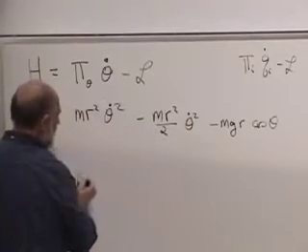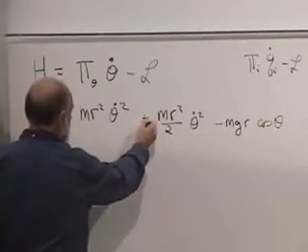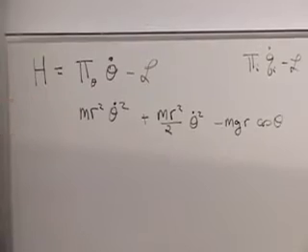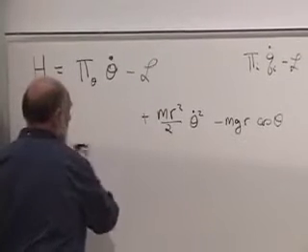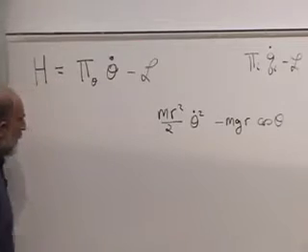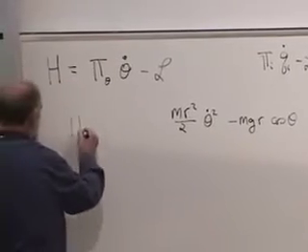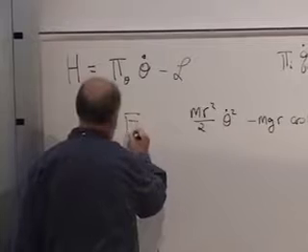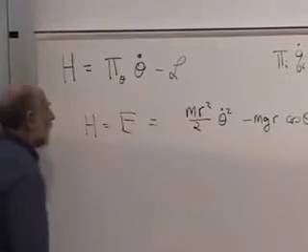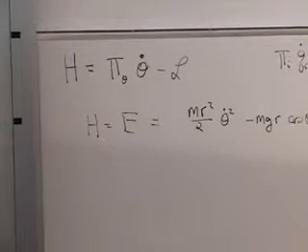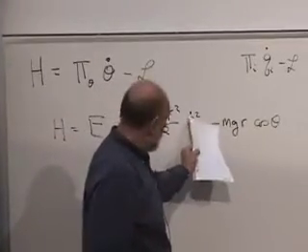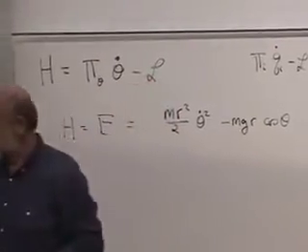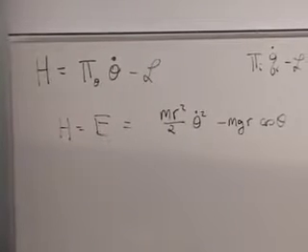This cancels half of this and just turns this into plus. That's the energy, Hamiltonian, or equivalently the energy. That's it. Okay. It is the kinetic energy plus the potential energy. Don't get fooled by this minus sign here. The potential energy had a minus sign in it.